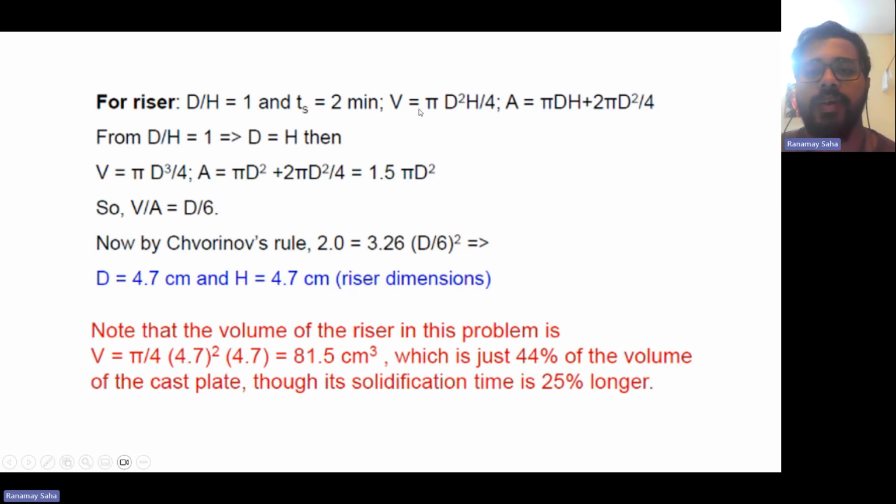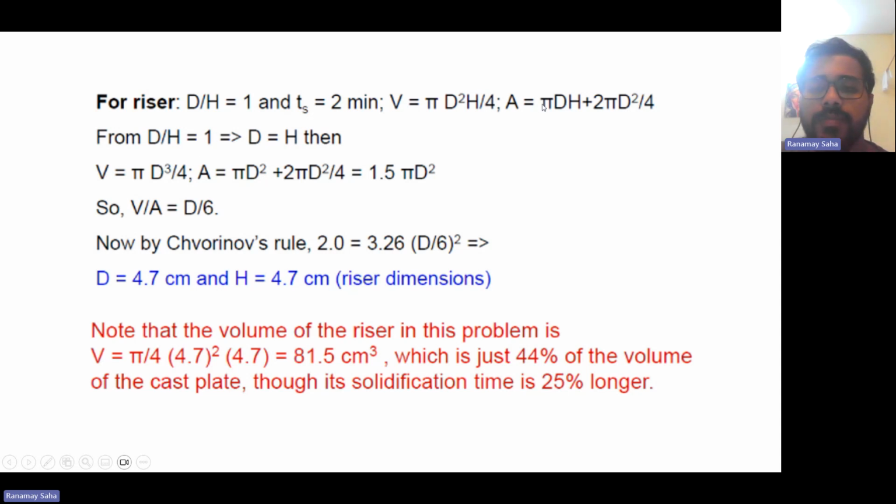Now the volume you can find out as pi r square h, since h and d are equal, you can replace h with d. It becomes pi d cubed by 4.